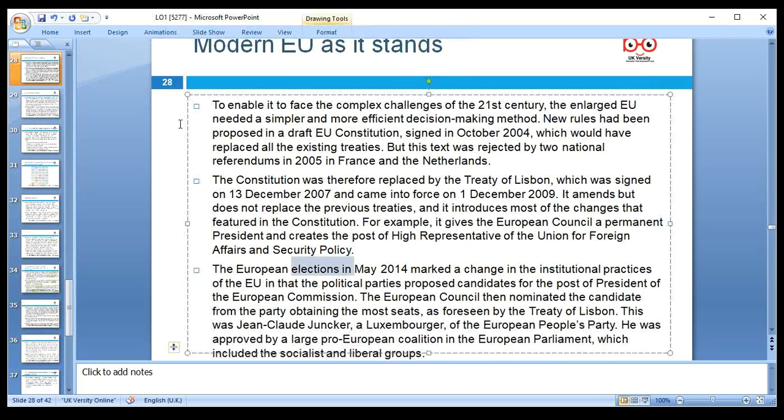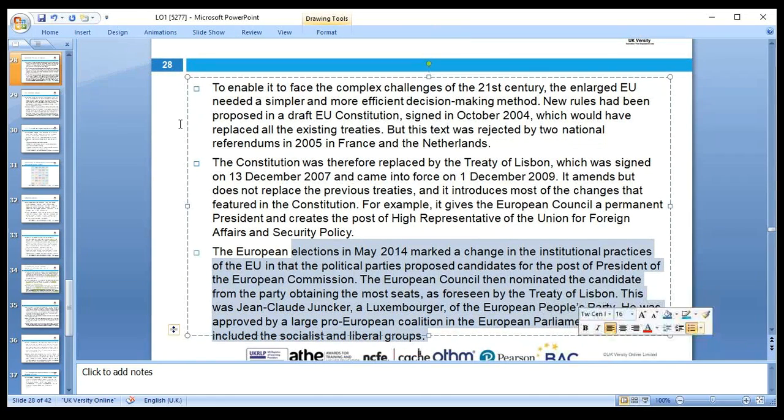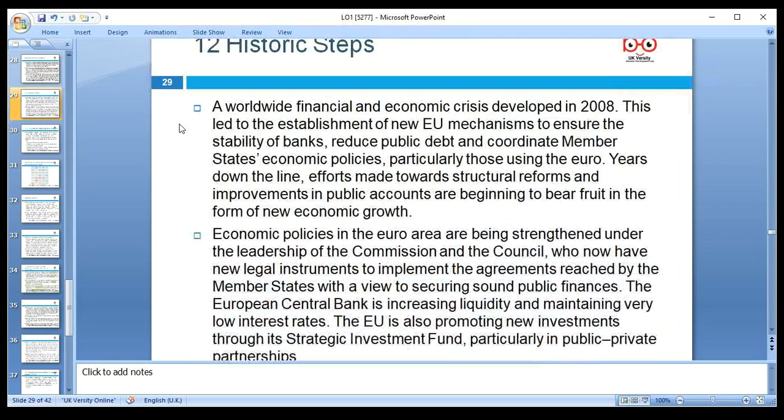The more countries joined, the more they extended the EU. The European election in May and other key dates in 2014 marked changes in institutional practices, and further treaties have the purpose of enhancing benefits. These are the 12 steps we mentioned earlier as well.